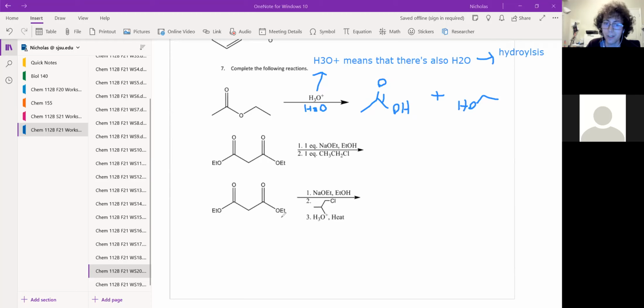That's a bit related to some of the reactions we'll be looking at in a minute. For the next one, we're adding one equivalent of a base in the first step. That's what this is. This is just a base.